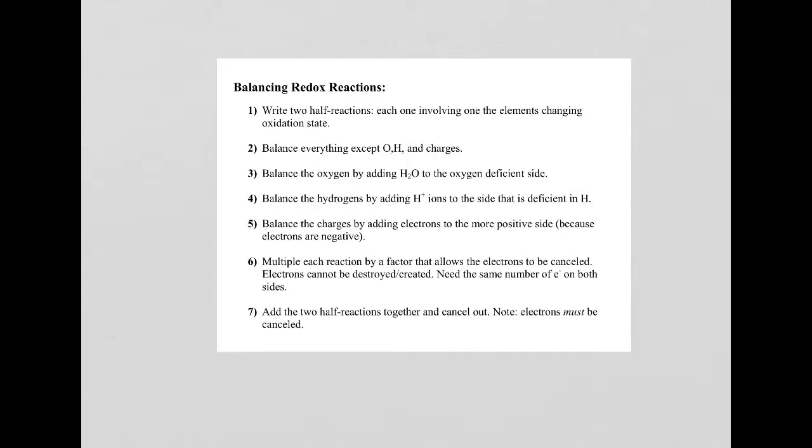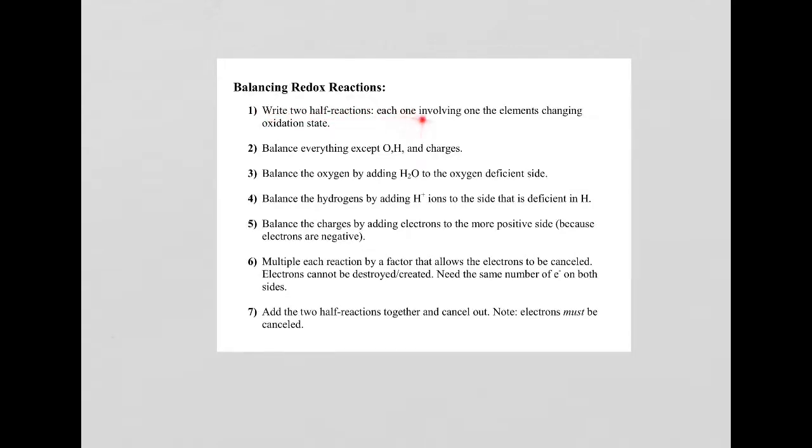So we're going to balance redox reactions. What I want you to do is rewrite the question that I just gave you, which was CrO4 -2 plus I- goes to I2 plus Cr+3. So write that one down first. Beautiful. Okay. Now, rule number 1. What is rule number 1?